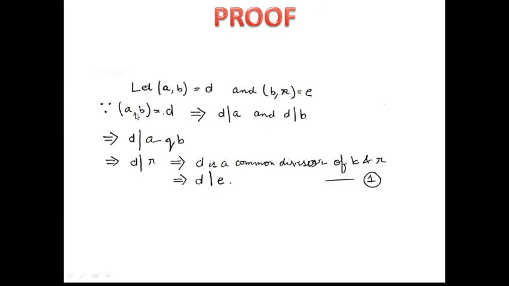Now GCD of A and B equal to D implies that D must divide A and D must divide B. Now D divides A and D divides B gives D divides A minus QB, because D divides any sum or difference of A and B, even if B is multiplied by Q. So what is A minus QB?